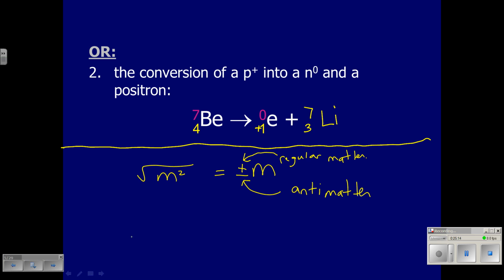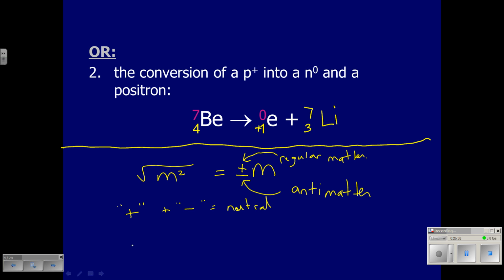Now, what is antimatter? Well, antimatter is literally the opposite of matter. Just like if I take a positive charge and I add a positive charge to a negative charge, I get something that's neutral.